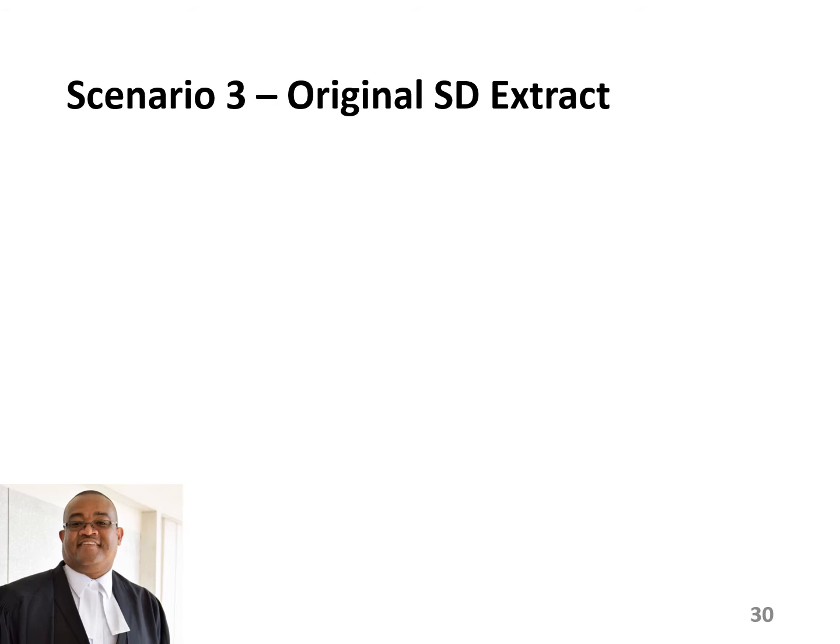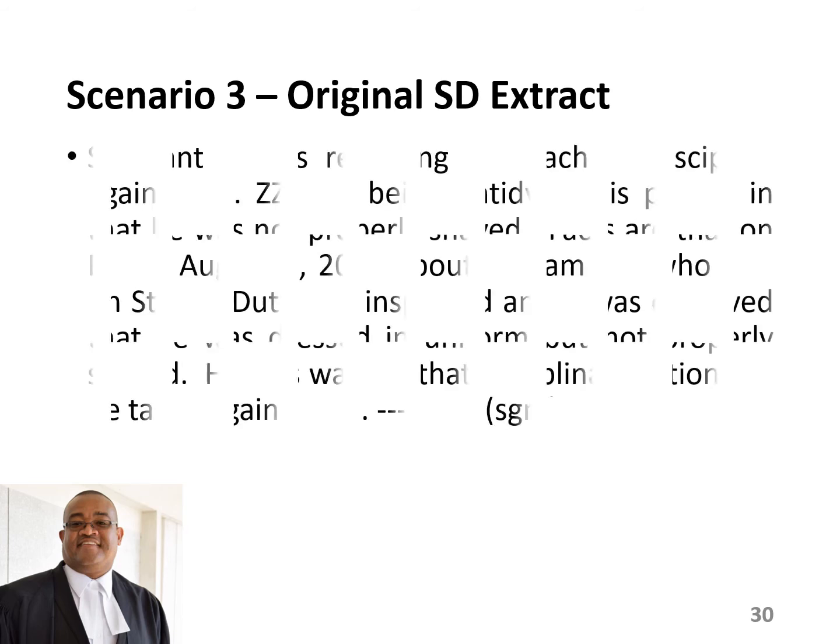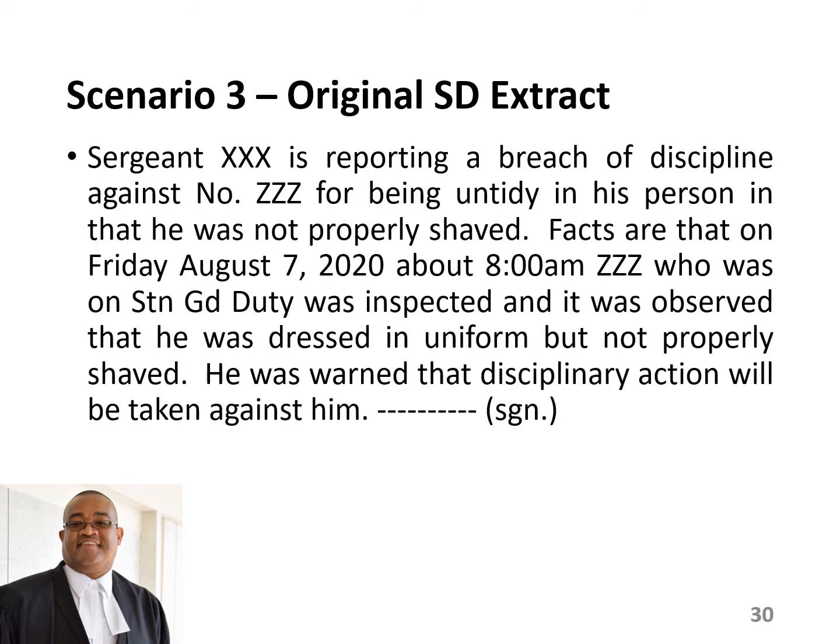We will now look at your entry that you have made and compare it to the extract, which is on the slide. So the name of the sergeant reporting the breach is reporting a breach of discipline against the name of the defaulting member for being untidy in his person in that he was not properly shaved.